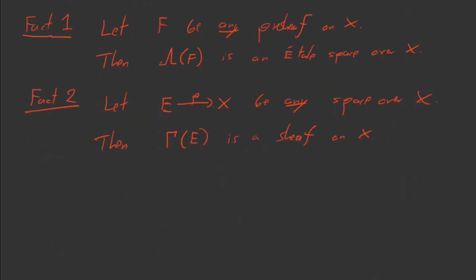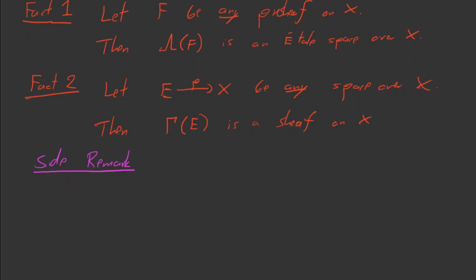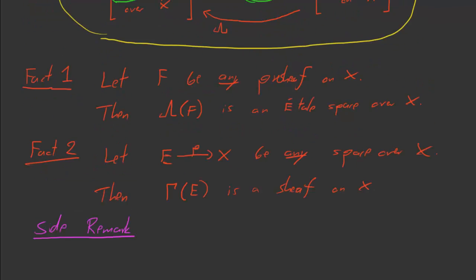Now let me just make a side remark about this. Notice there's some sort of refinement going on through each of these facts, and things end up being better than you might initially hope. Maybe initially you start with some pre-sheaf, you apply lambda, you think, I'm just going to get some arbitrary space.